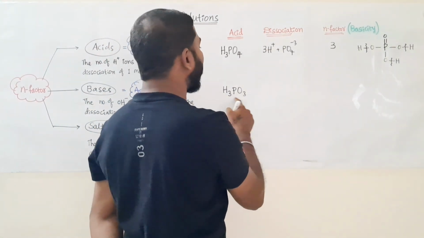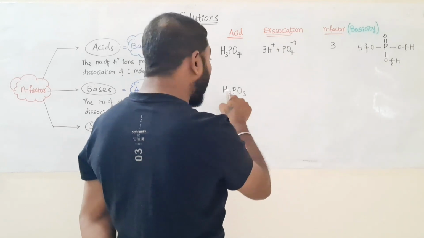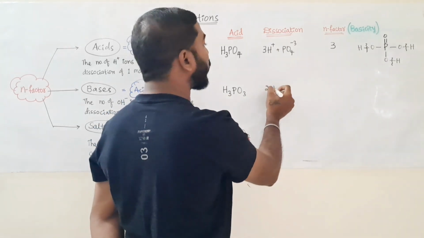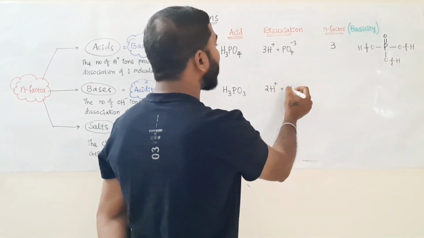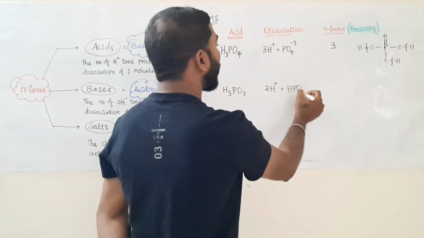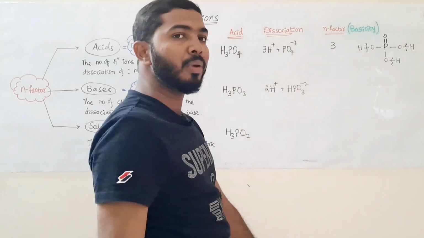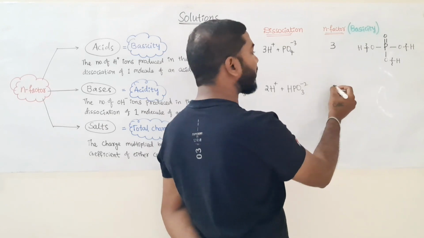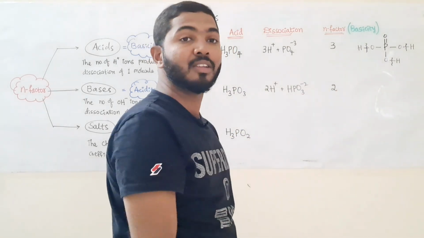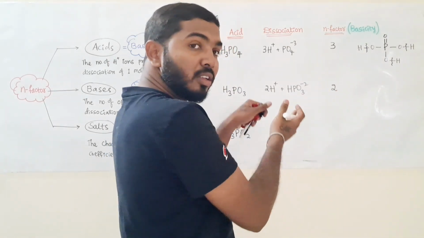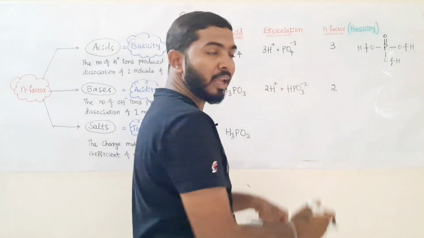Now when it comes to H3PO3, out of these 3 hydrogens, only 2 are going to undergo dissociation, while 1 hydrogen will remain with phosphorus. And what is the N factor? 2. Why does this particular compound have N factor 2?